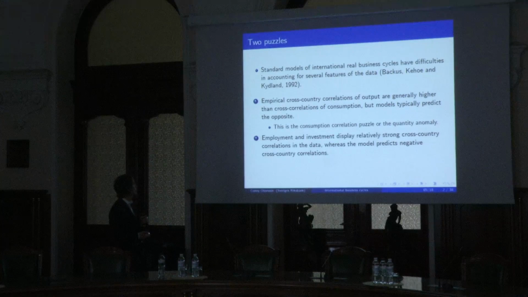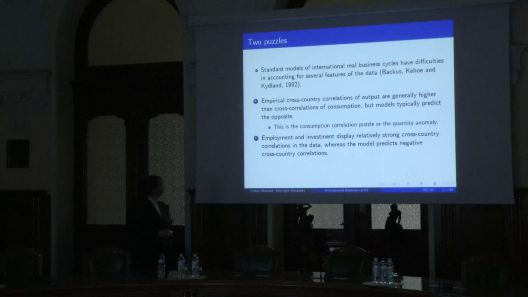And another puzzle is the fact that also employment, or labor supply if you want, and investments are also positively correlated across countries. But a typical model will again say the opposite, that those should be negatively correlated.